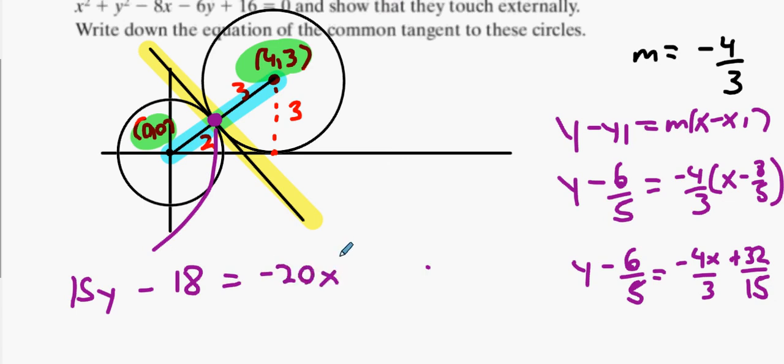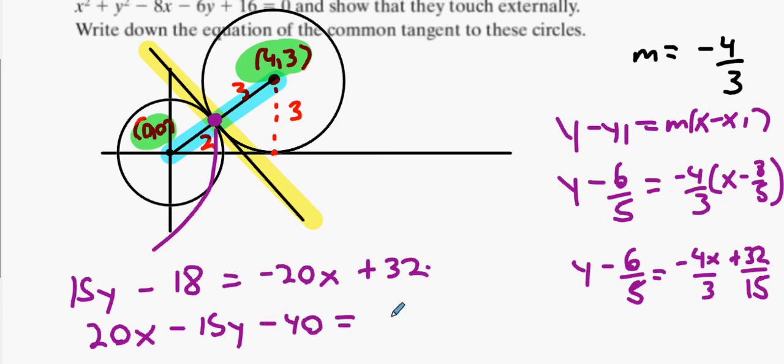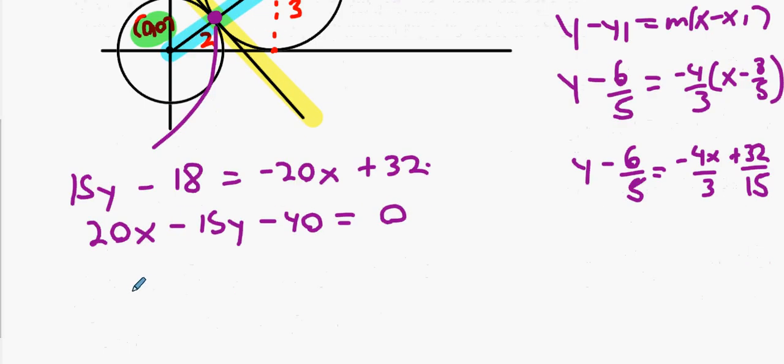What happens to the 32? Okay. Move it all over one side, what do we get? 20x, yeah, what else? Minus 2y, and then here? Minus 40. Divide them all by what number? 5, and what do I get?